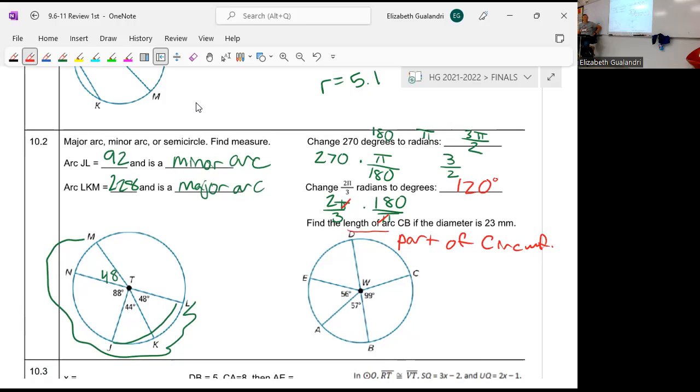So to find the part of the circle that this is, I do 99 out of 360. That's the part. Of means multiply. And then the circumference, it gives me my diameter. So the circumference here is 23 pi. Pi d is circumference, so 23 pi would be my circumference there. You just type all of that in your calculator and give this as a decimal, and you would get 19.9.